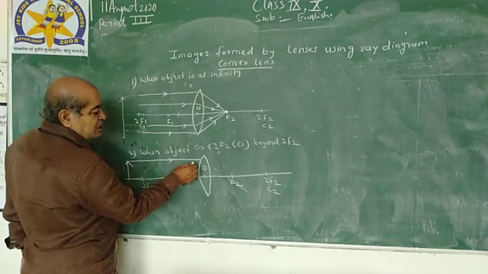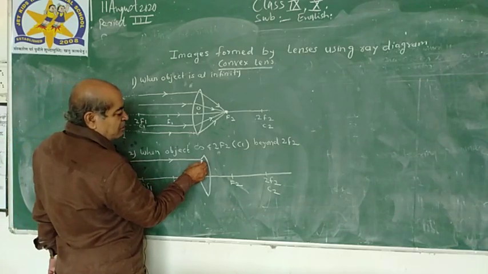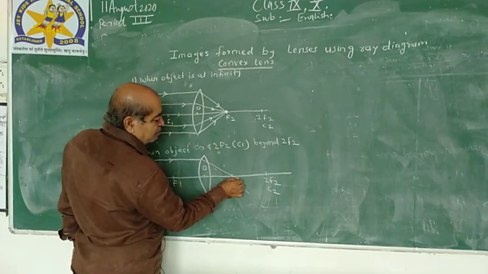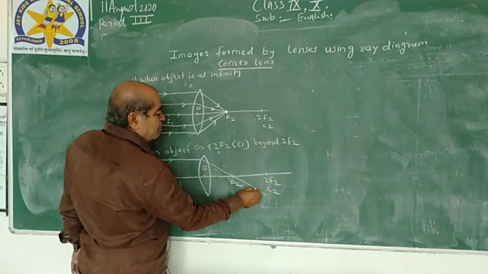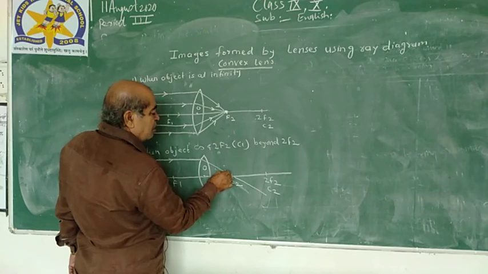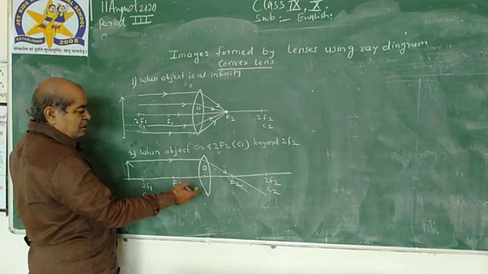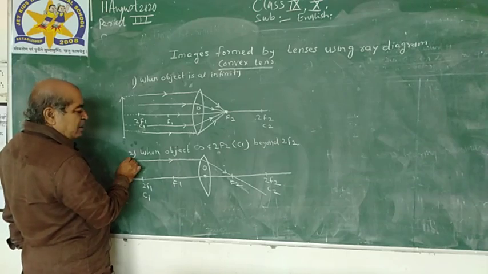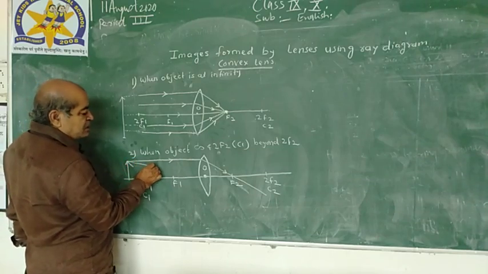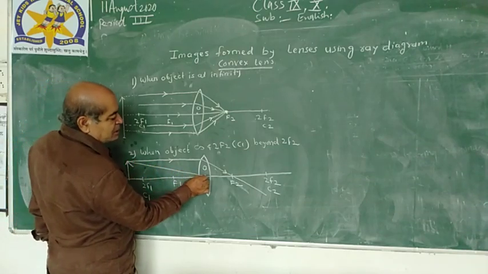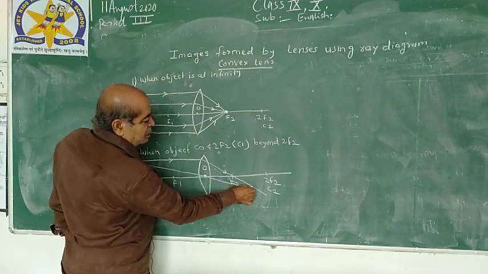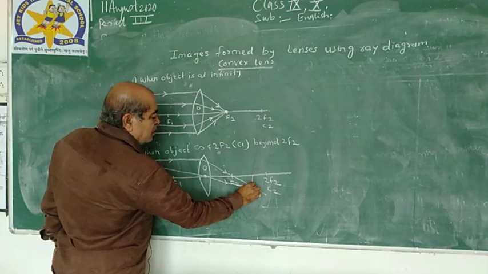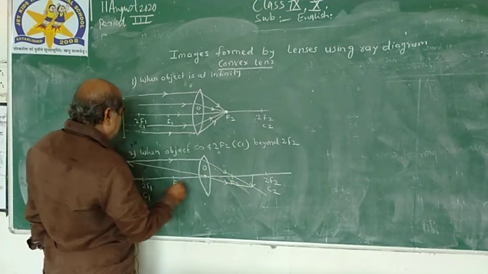When it is incident on the convex lens, after refraction it passes through the principal focus on the other side, and this is the optic center. And when a ray of light passes through the optic center, it emerges without any deviation.